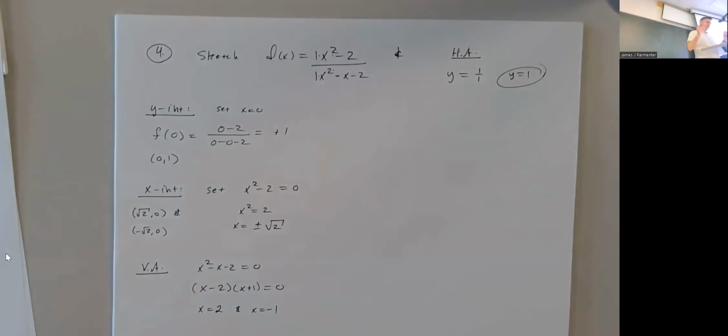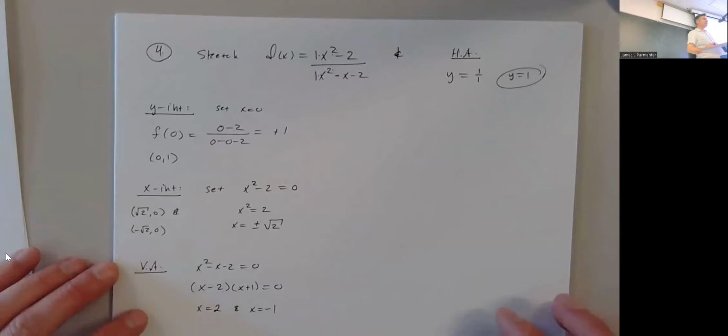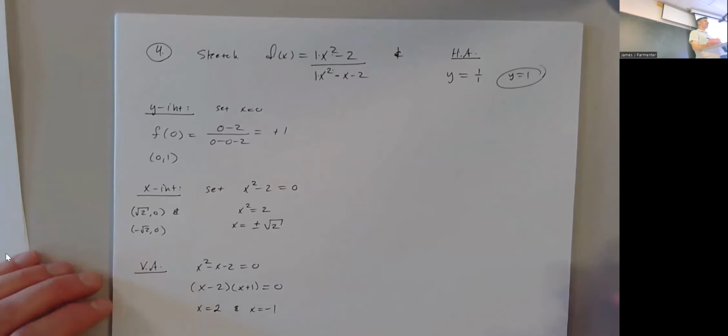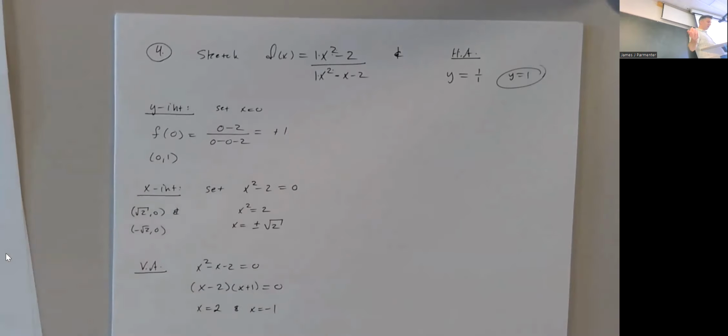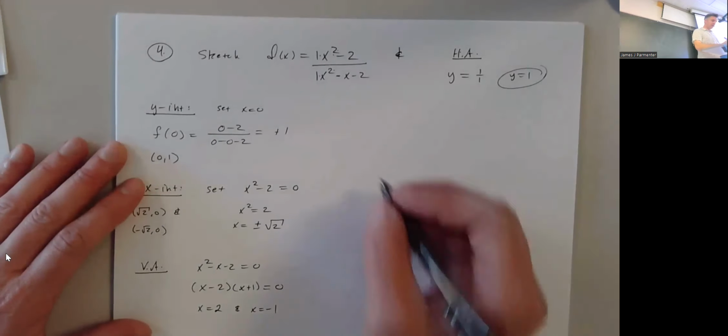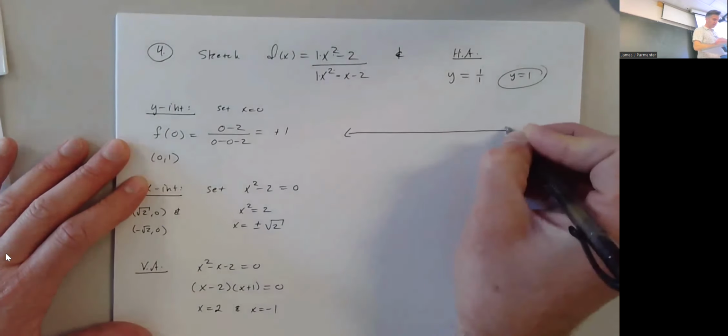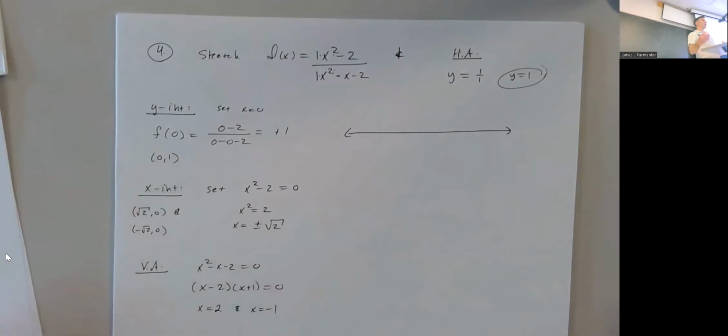I don't know why I circled that one. And I guess I don't love making a sign chart, but I guess you all might. So we can make a sign chart. On the sign chart, all the things that should go on it are all the x things: every x-intercept and every x vertical asymptote.